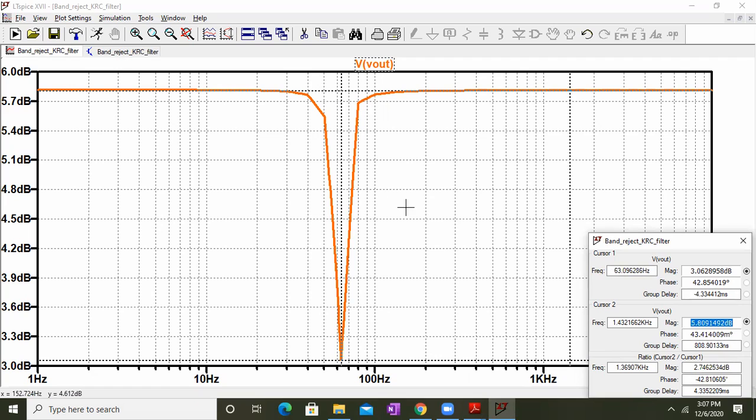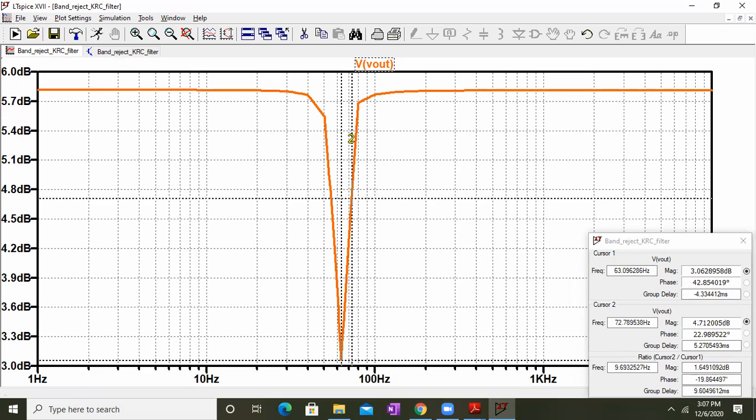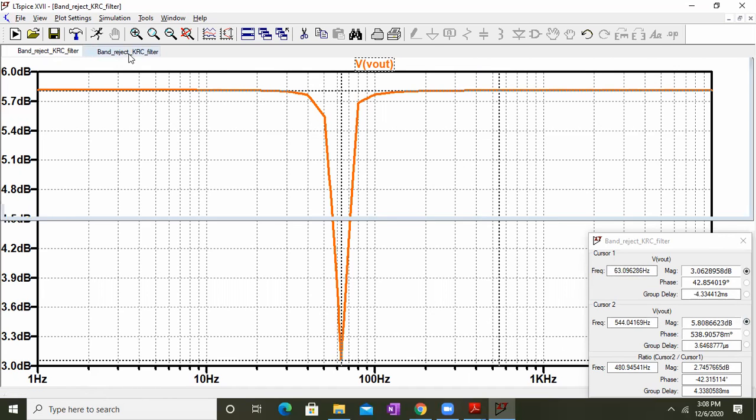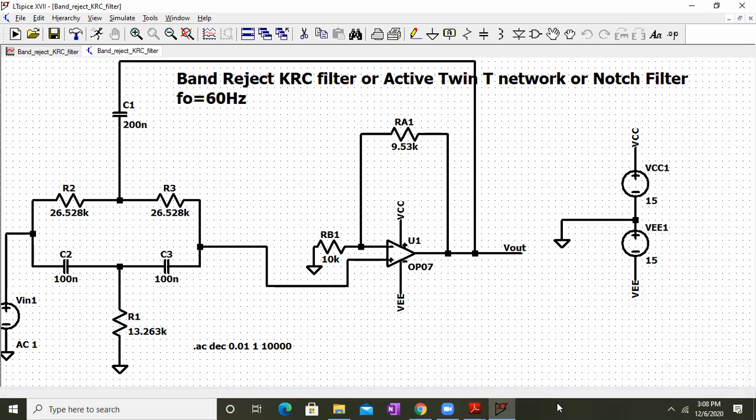And if I come down from 5.8 dB, how much do I have to come down? Sorry, I have to come 3 dB down, right? So that's absolutely fine. We can come 70.7% of the highest value down also. So your notch frequency will be close to 63 hertz, and the passband gain is 5.8 dB. So that's enough to evaluate this band reject filter.